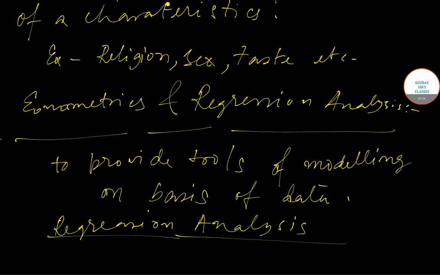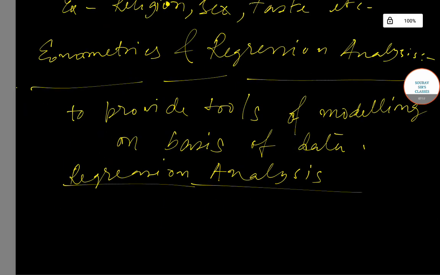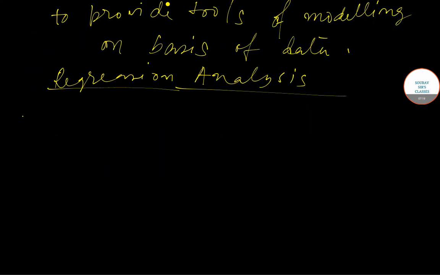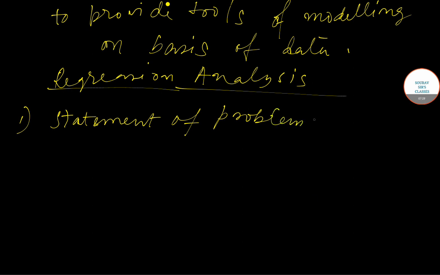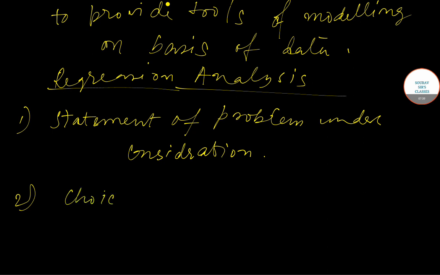So there are a few steps in case of regression analysis. What are those? Number one is statement of problem under consideration. Then choice of relevant variables.